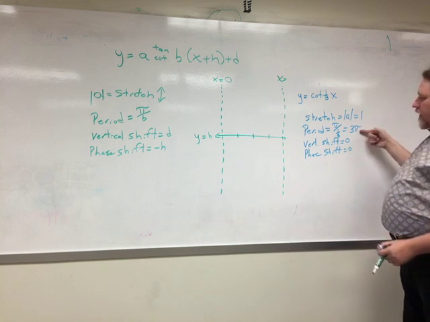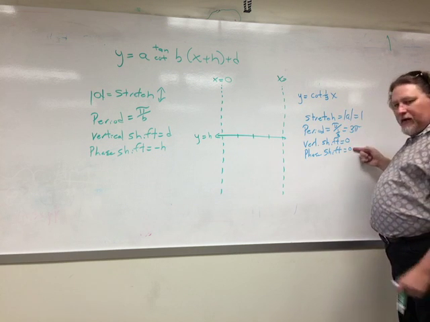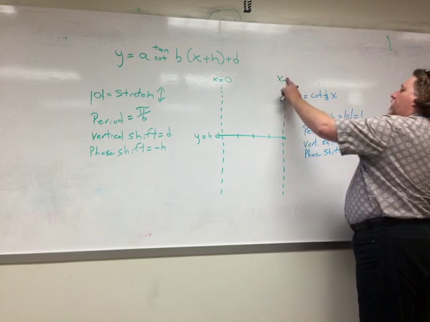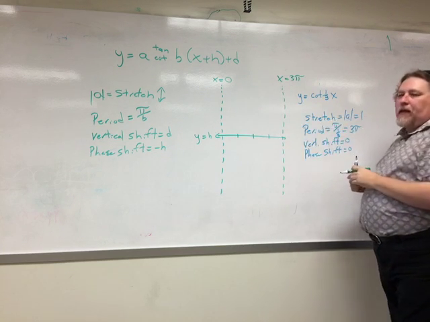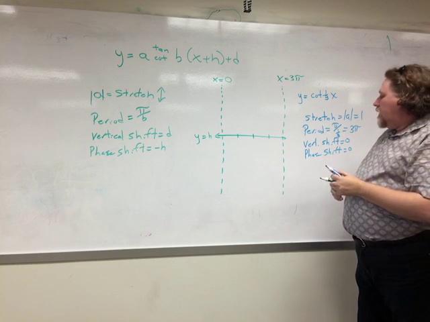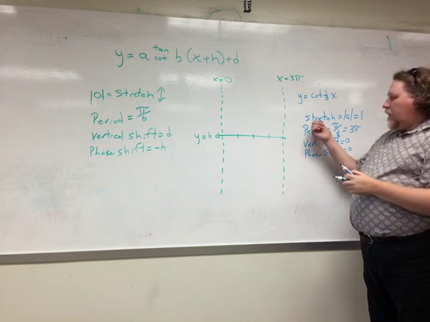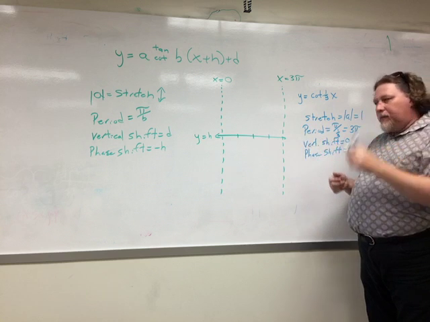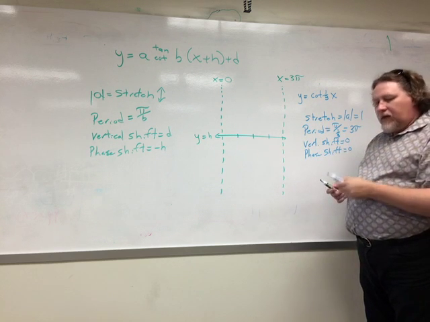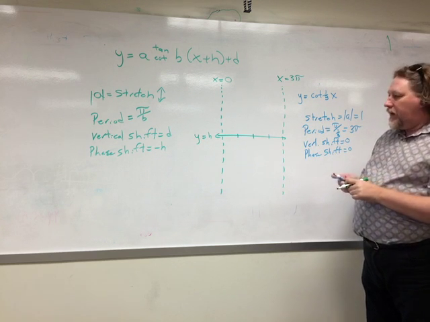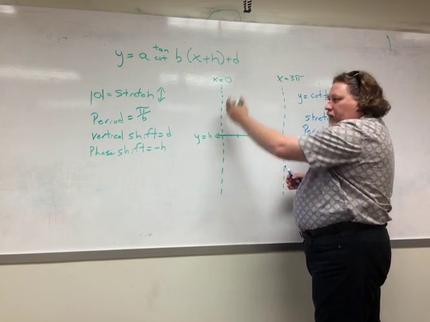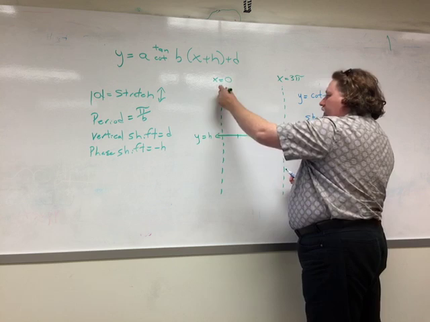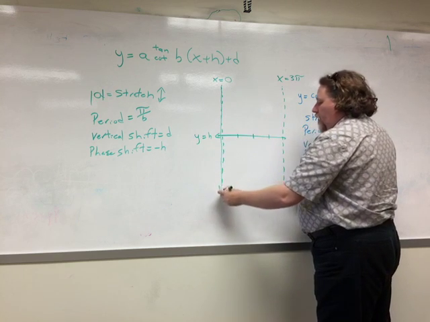So here, my period is 3 pi, added to my phase shift of 0 means that this edge right here is 3 pi. Now, you notice I haven't talked about stretch yet. I'm going to talk about stretch in just a minute, but let's get a couple of other things taken care of. Since this is x equals 0, I can also say that this is the y-axis.